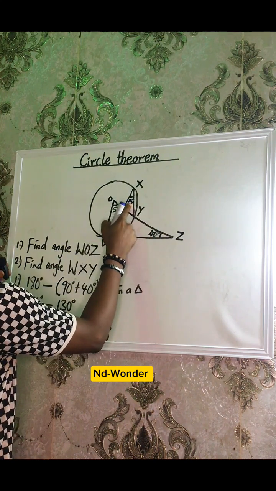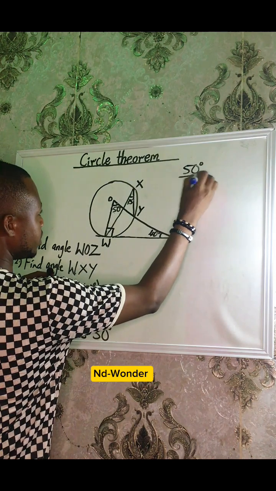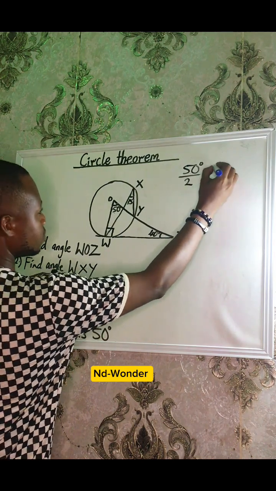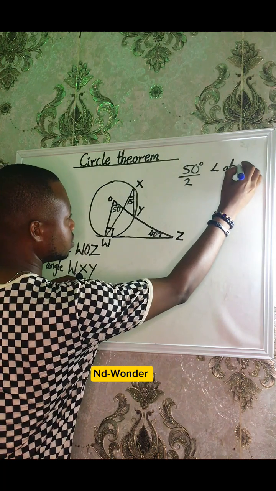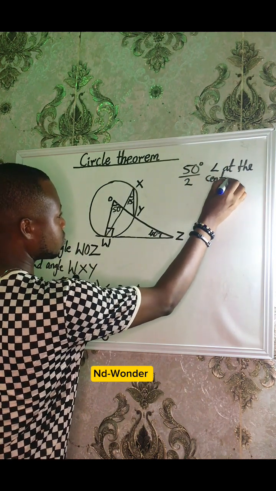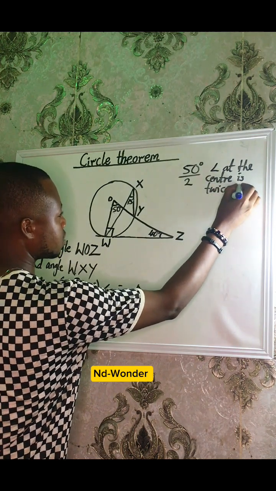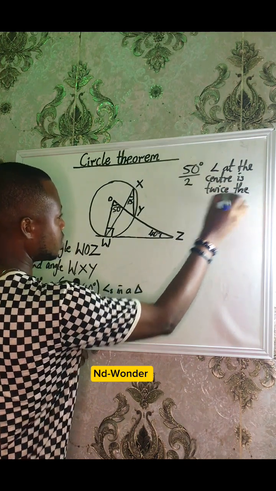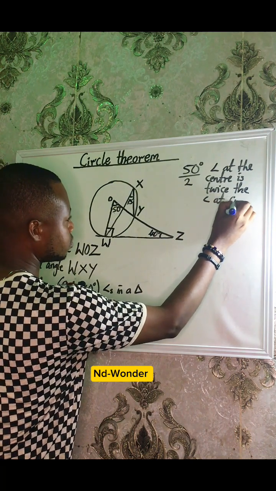Therefore, to get the angle at the circumference, we say 50 degrees divided by 2. So angle at the center is twice the angle at circumference.